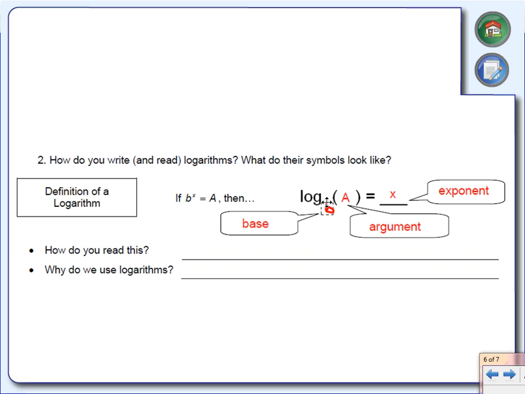That's not how we read that. How do you read that? Here's how we do it. The way we read that is log base b of a equals x.